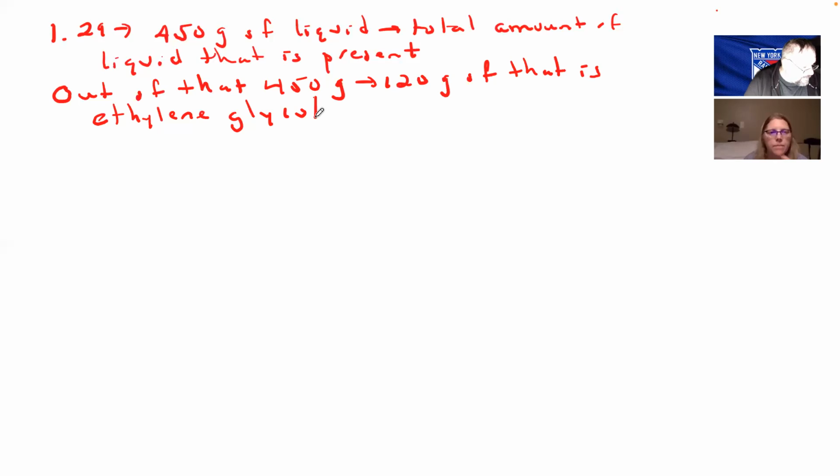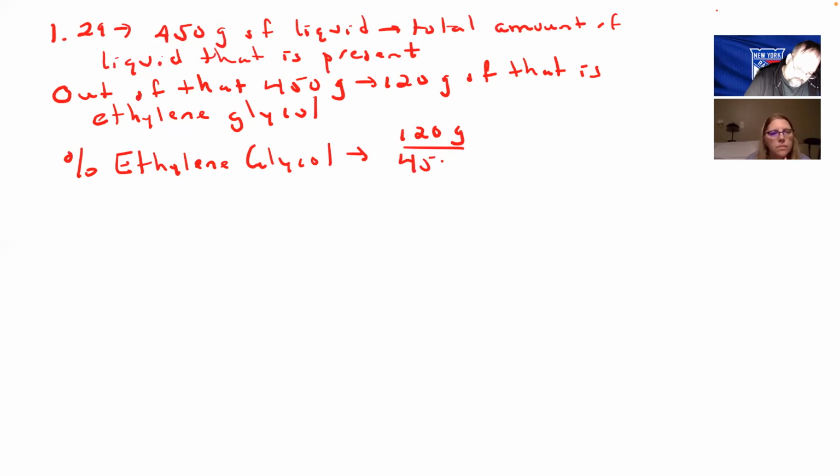So based on that, the percentage of ethylene glycol that would be present would be 120 grams over 450 grams, and then we'll multiply that by 100%. Okay. So when I put that into my calculator.